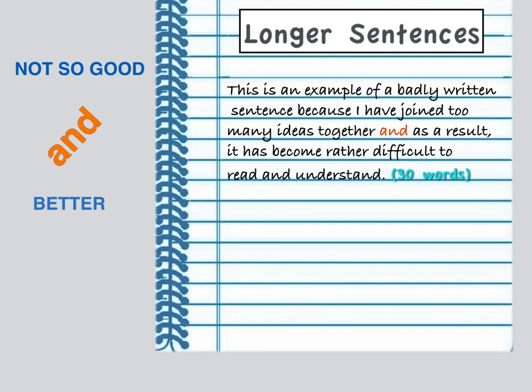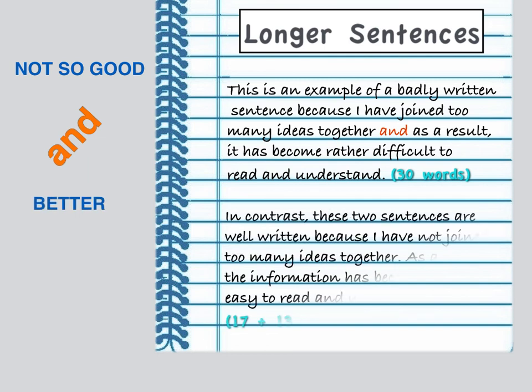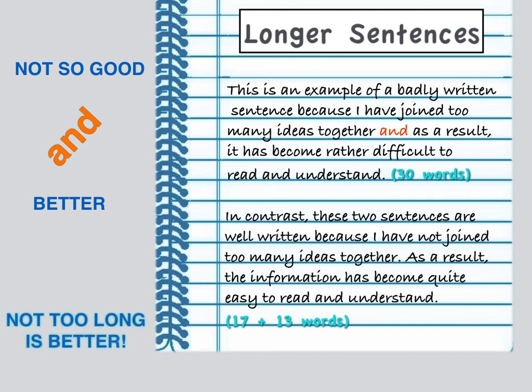Now look at this example. Two sentences, and it makes it much easier to understand. Of course, there are many ways to write correctly, but if you try not to write very long sentences, that would be a good start.